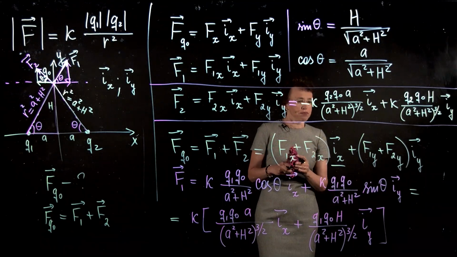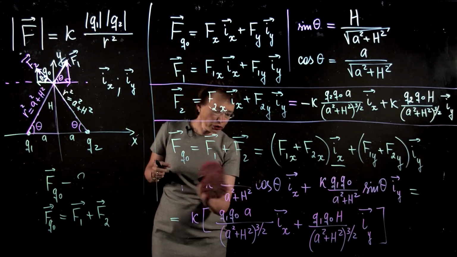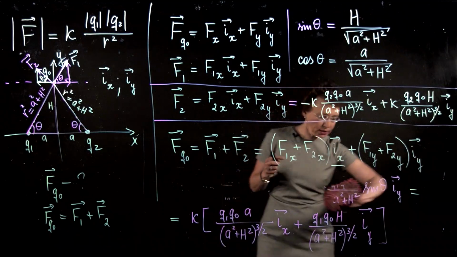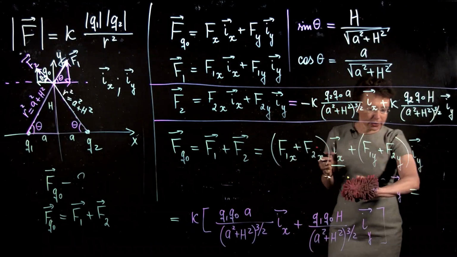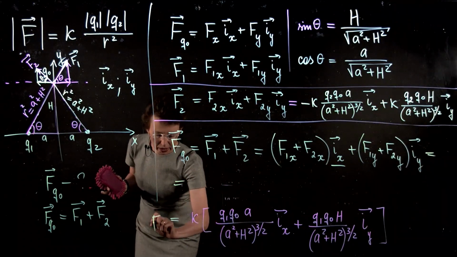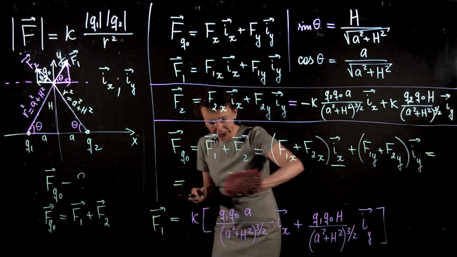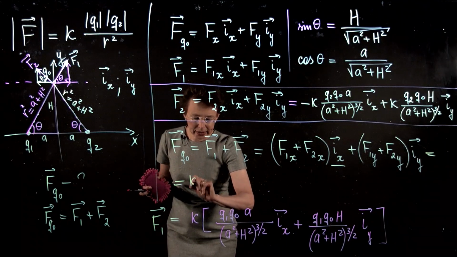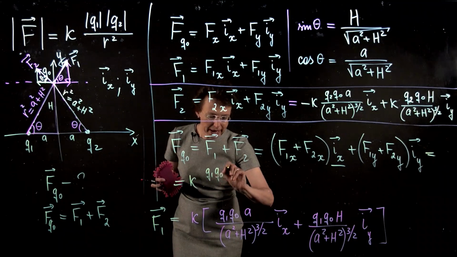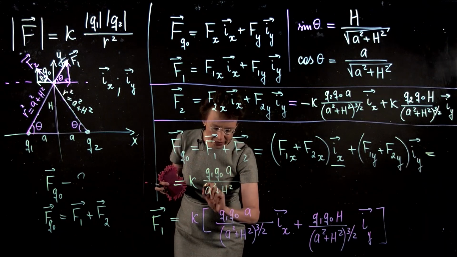So let's do it. If you don't mind, I will erase this line, and we will use it to add x and y components together. You don't need to wait for me, just write it down, and we'll check your answer in a minute. F1x is right here. So I have k, q1, q naught, a divided by a squared plus h squared to 3/2.